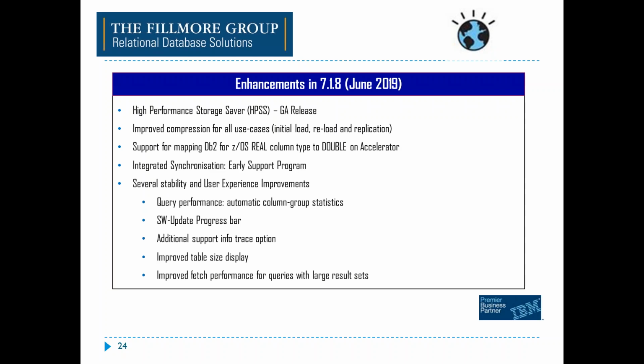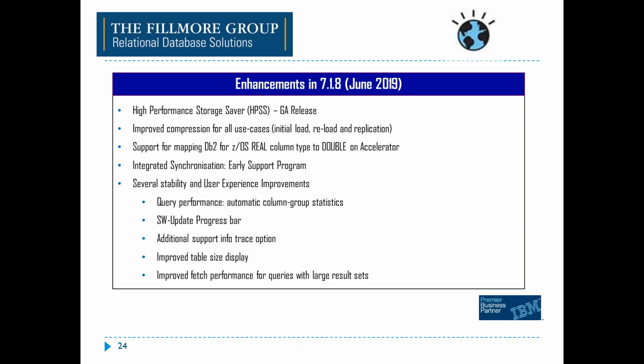And finally, this brings us more or less up to date. The June 2019 drop, I don't think that there have been any more since then, but high performance storage saver is GA, improved compression for all use cases in terms of the initial load, reload, and replication in terms of building the compression dictionary. The early support program for the integrated synchronization, we'll talk about that in a second, and several stability and user experience improvements.